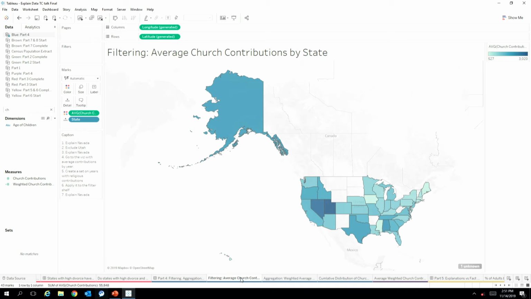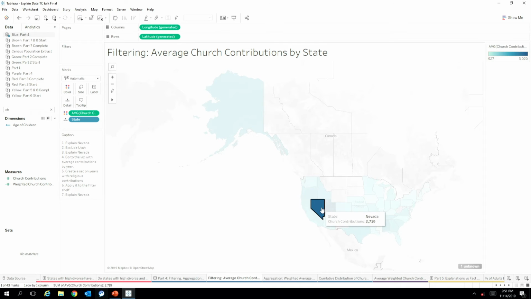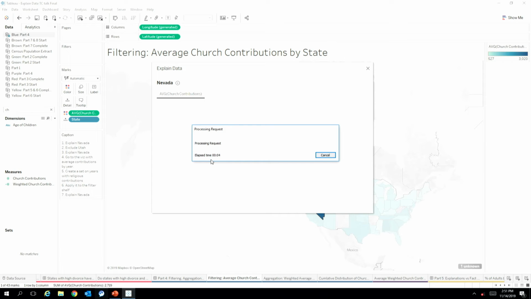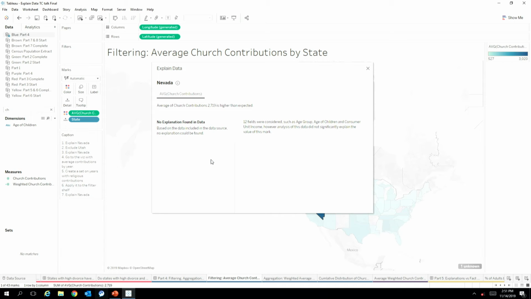We first explained divorce. Now I'm going to explain church contributions here. So let's start out by explaining Nevada. Given that we are in Nevada, it's come up and said that there's no explanation found in the data.